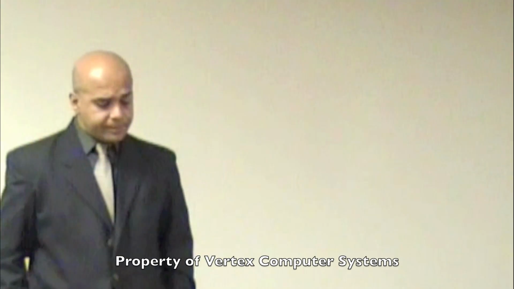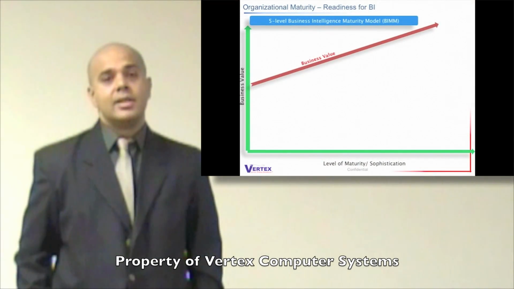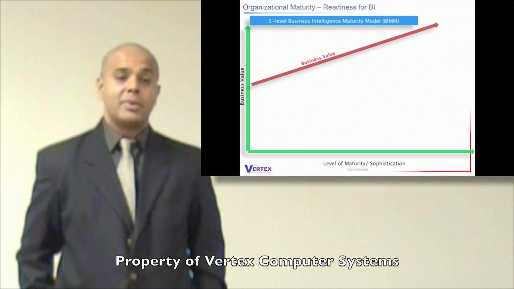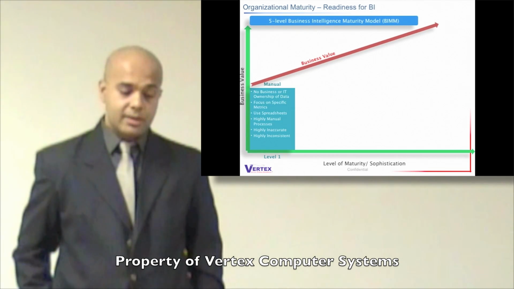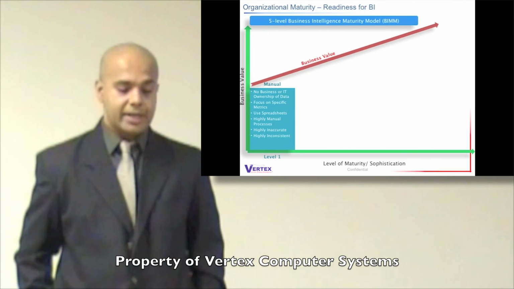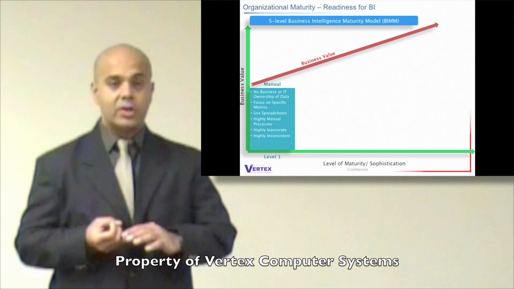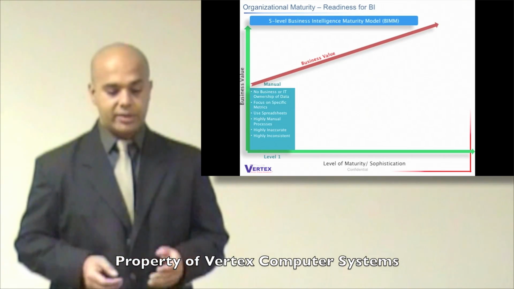So the first, manual process, the word itself speaks for it, it's going to be all manual. When it comes to ownership, there's no IT or business, no one takes ownership of the data. Second, the focus of the organization is purely to generate reports out of certain metrics.